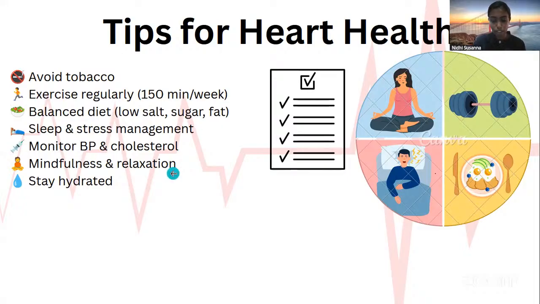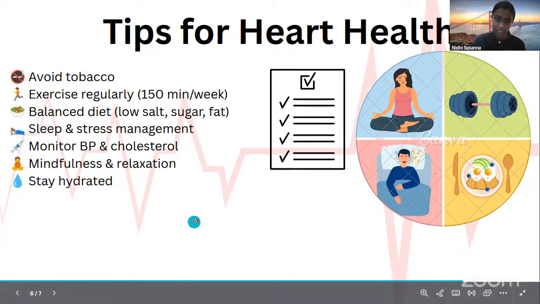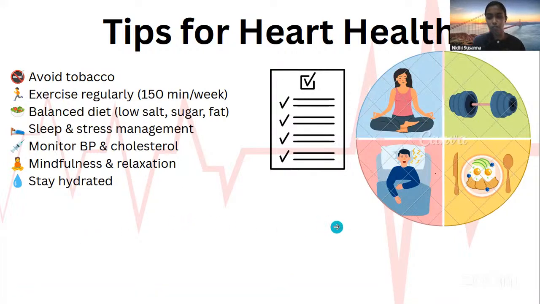Even mindfulness practices like meditation can reduce stress and protect the heart. And don't forget hydration. Water keeps blood flowing smoothly. So don't forget to hydrate every day. That is the most important thing to keep our heart and blood flowing really smooth.